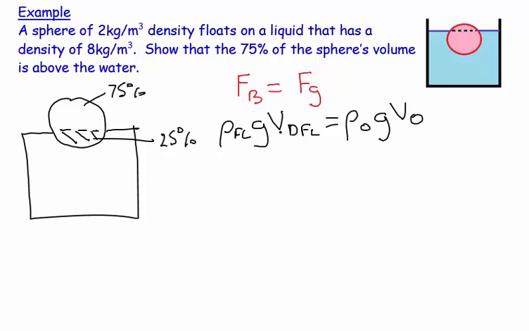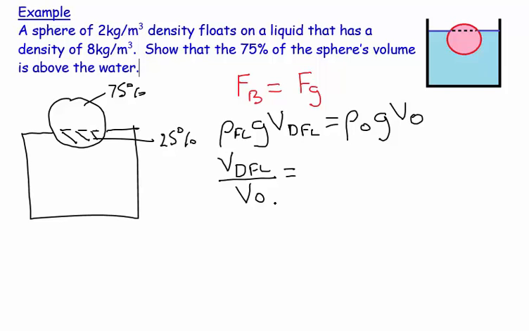Because the volume under the fluid is the volume of the displaced fluid, and the volume of the entire object is the volume of the object. And if I look back at my equation above, both those terms are in that equation.